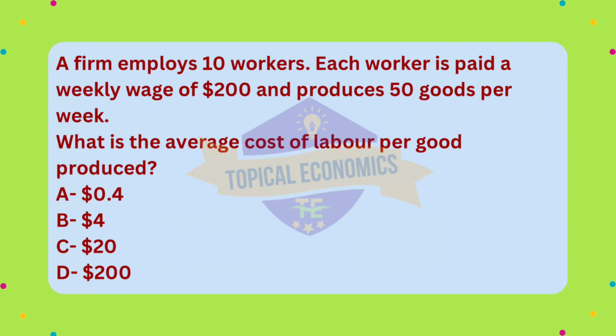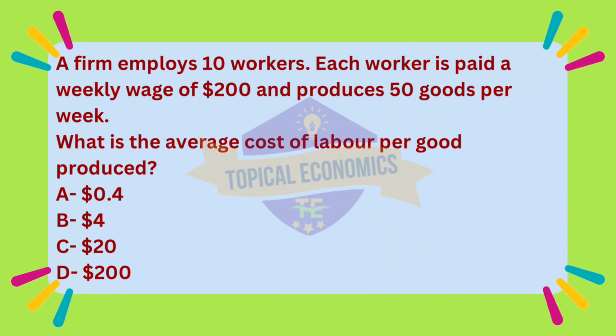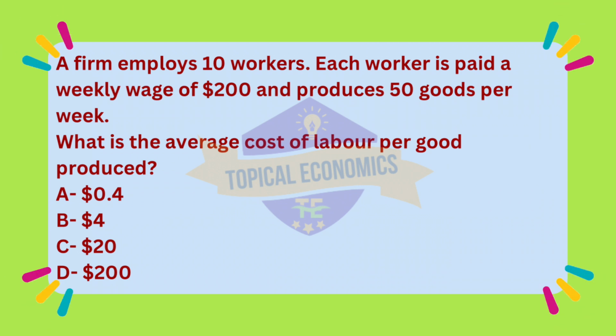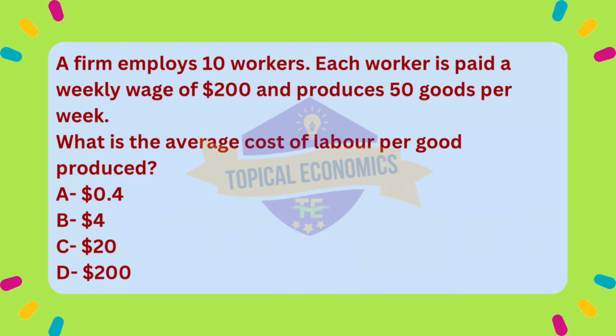To calculate the average cost of labor per good produced, we first need to determine the total labor cost and the total number of goods produced. The firm employs 10 workers, each earning a weekly wage of $200, so the total labor cost is 10 workers times $200 per worker, which equals $2,000 per week.